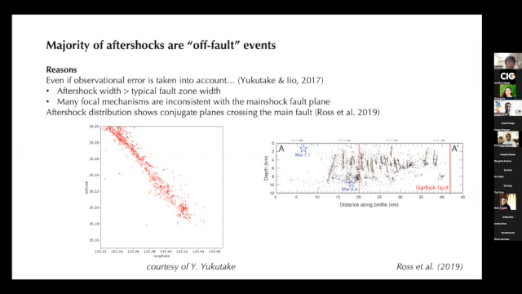And also they say that many focal mechanisms are inconsistent with the Mainshock fault plane. They are too diverse, like this figure. And also, from the Ridgecrest earthquakes, the aftershock distribution shows clear conjugate planes, which are crossing the main fault. This is another reason why many aftershocks are off-fault events.